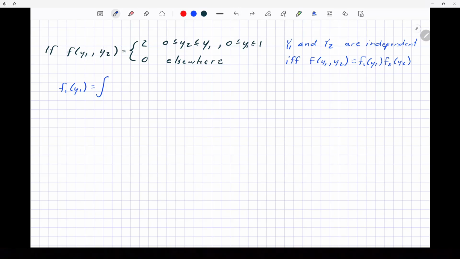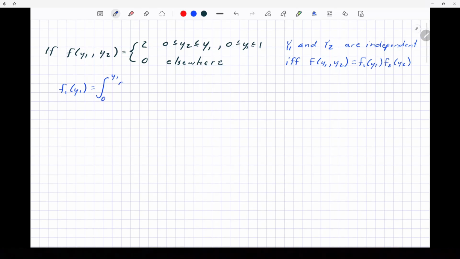And so our limits of integration are going to be y1 down to 0. What we'll be integrating is the joint probability function, with respect to y2.